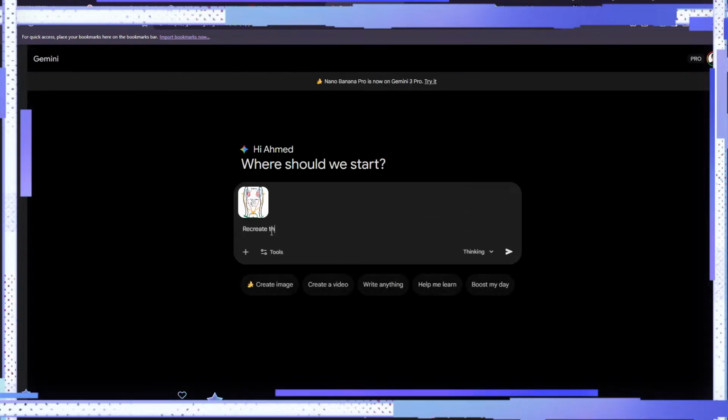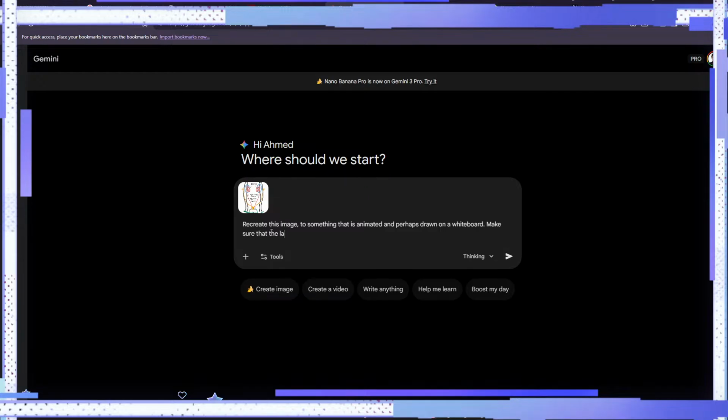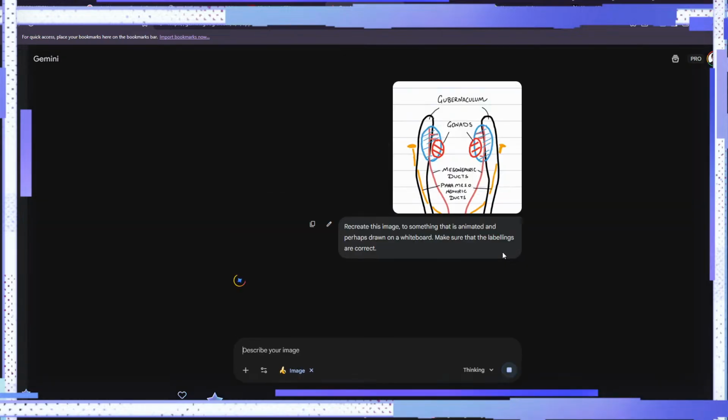Recreate this image to something that is animated and perhaps drawn on a whiteboard. Make sure that the labelings are correct. Let's see what it comes up with.